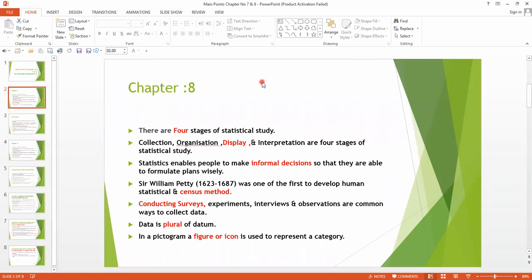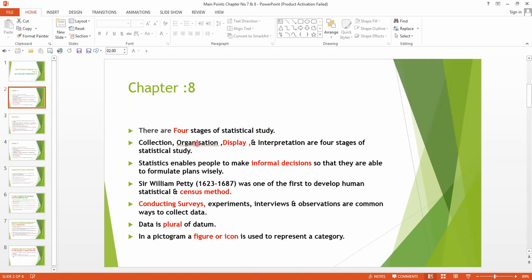After that, we have to organize, then we have to display, and then after that, we have to interpret the data. So the first main point is that there are dash stages of statistical study. How many stages are there? 4 stages. And if I ask what are their names? Collection, organization, display, and interpretation.